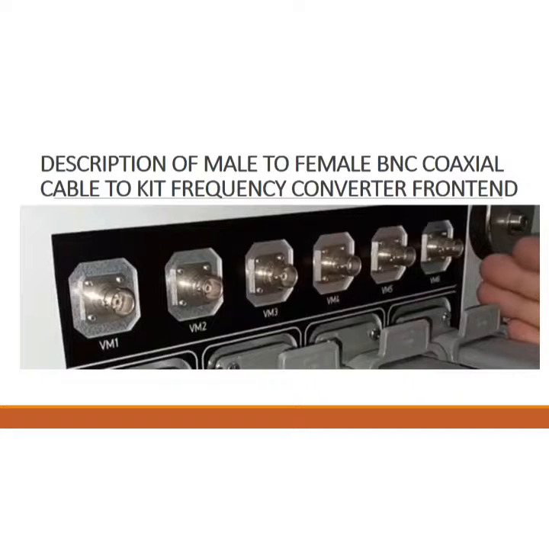Second, VM2 is connected to measurement 3 and measurement 4 in the control software. Third, VM3 is connected to measurement 5 in the control software. Next, VM4 is connected to measurement 6. Next, VM5 is connected to measurement 7. The last, VM6, is connected to measurement 8 in the control software.